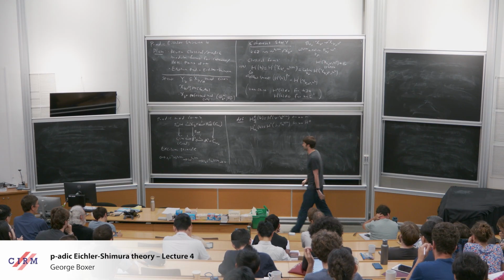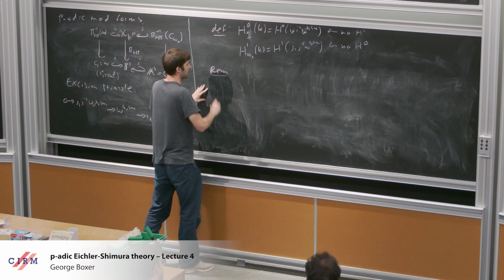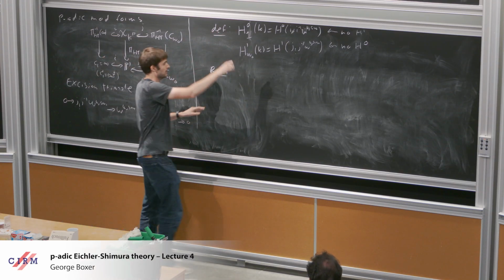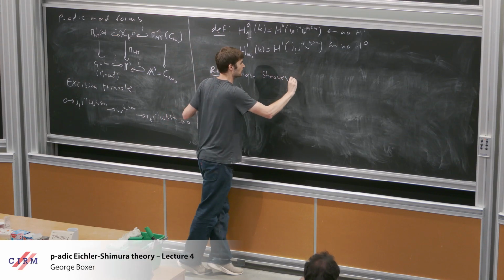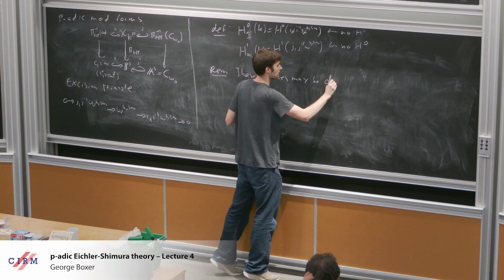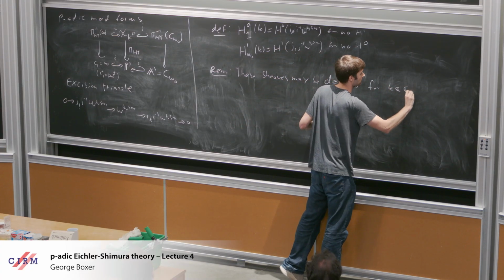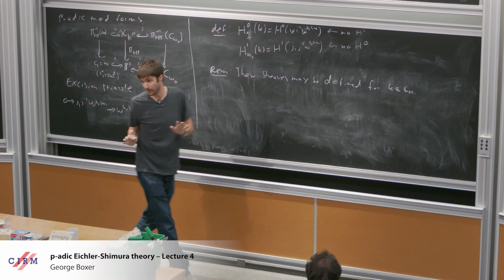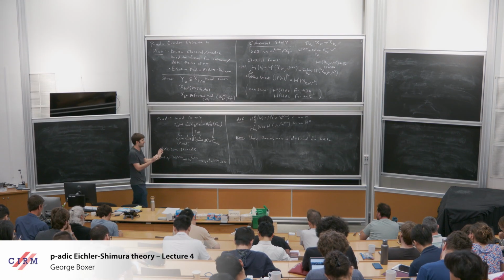And in fact, this thing that von Sant said is that these two sheaves may be defined for any k in C_p. And I don't want to recall the definition, and I don't even want to discuss that case in this talk.